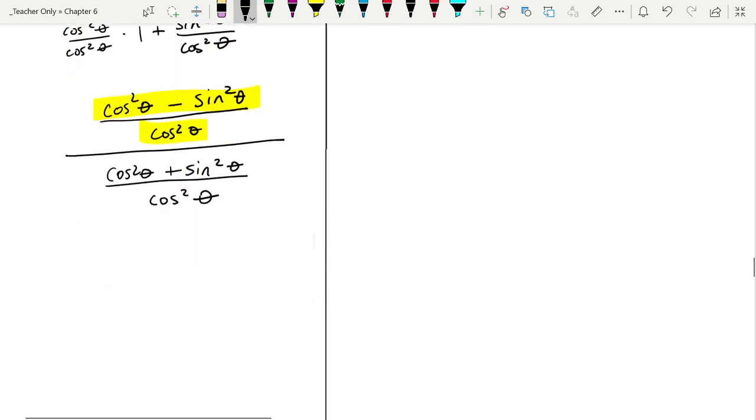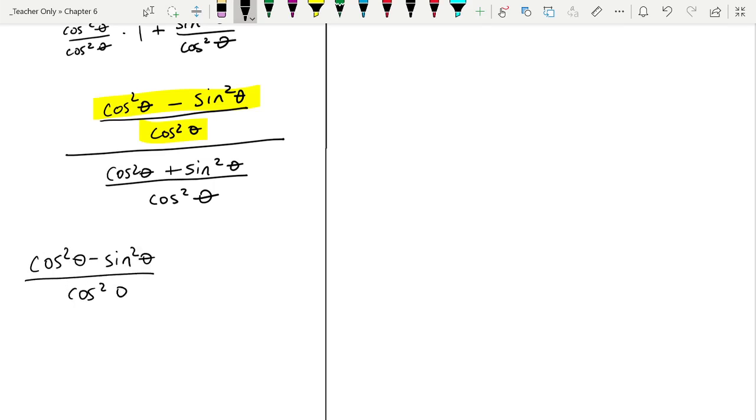And at this point, some people sometimes will just do a shortcut. They'll say, oh, I know what's going to happen when I times by the reciprocal. Those two denominators will cancel. If you want to just cancel there, you can. But I'll take the time to actually write this out. Right?